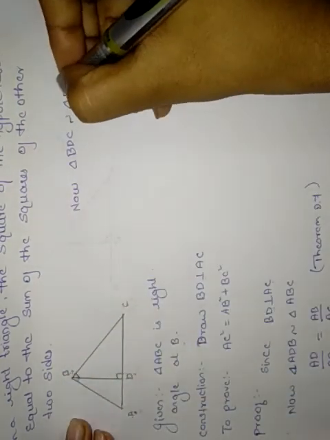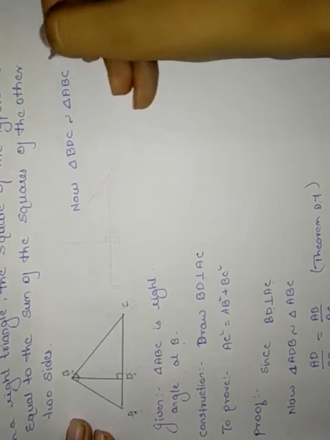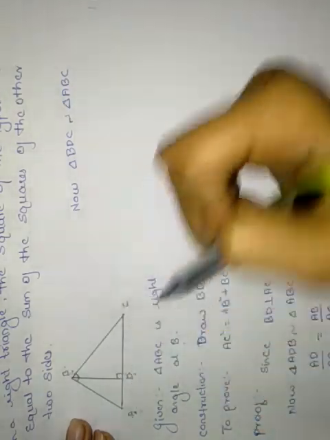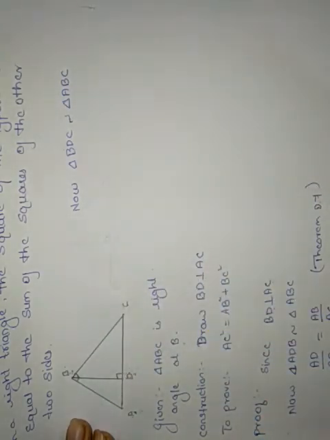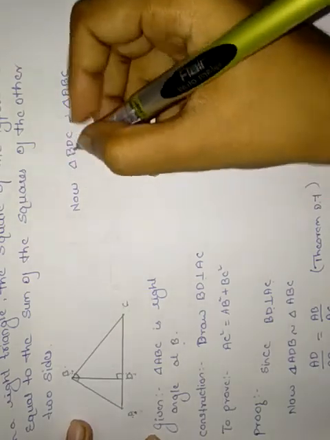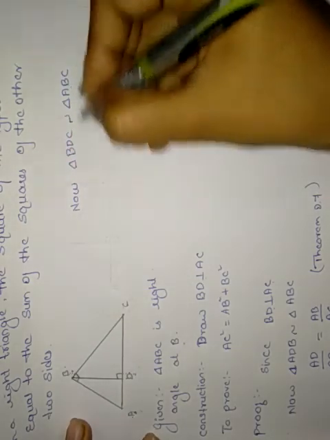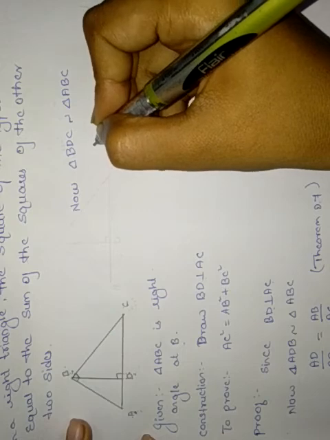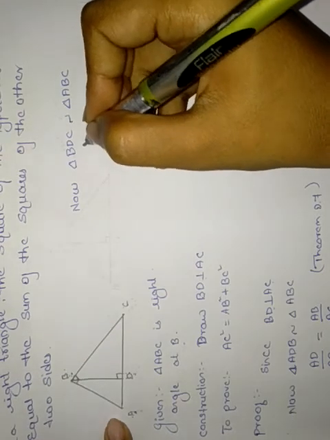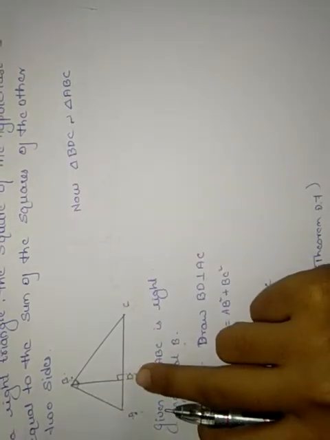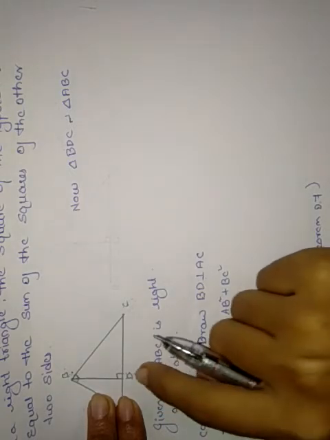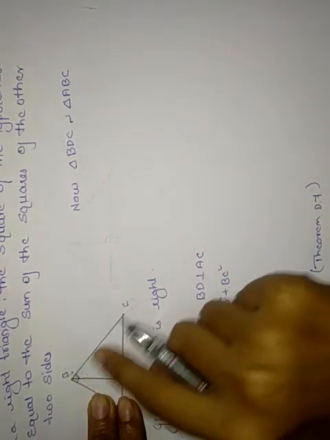ABC. Why? Because BD is perpendicular to AC by theorem 2.7. Now, if these two triangles are similar, their corresponding sides are in the same ratio. Here first I am going to consider the hypotenuse of the small triangle BDC.